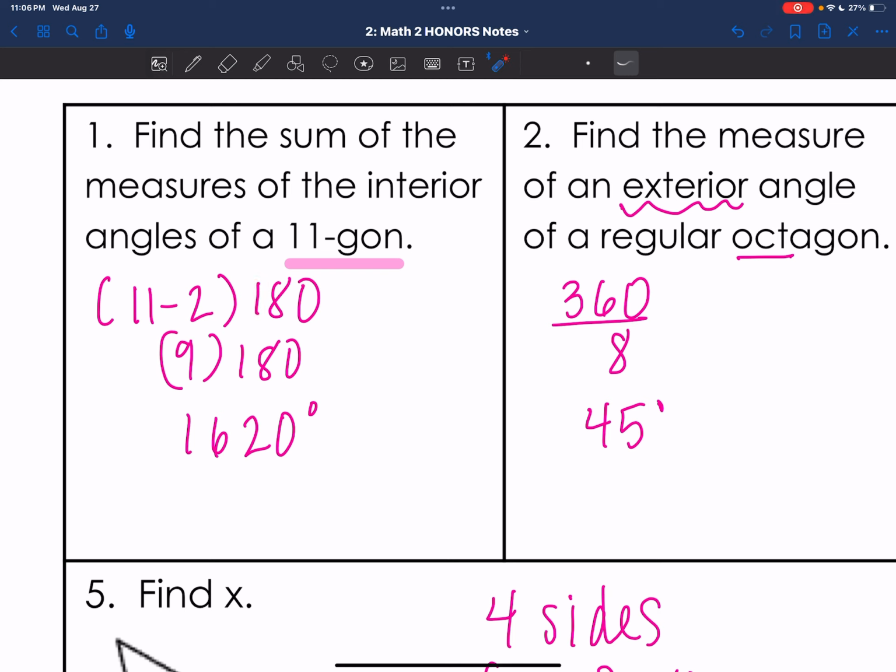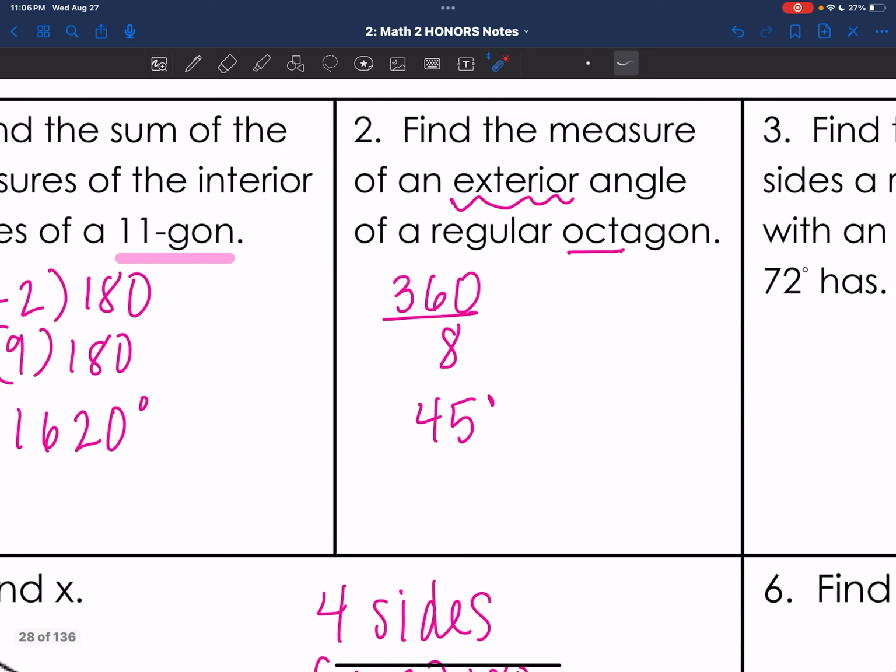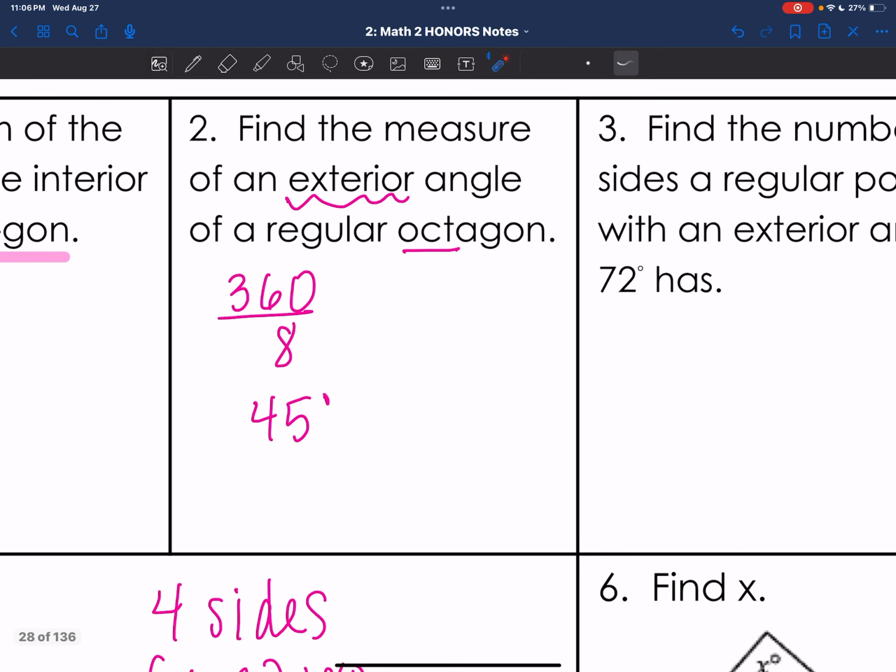And then that gives you 9 times 180, and that's going to be 1,620 degrees. So that's the sum of the interior angles. Now, if we want to find the measure of an exterior angle, remember the exterior angles are always going to be 360, and if it's an octagon, that's 8 sides. So you just go 360 divided by 8, and that's 45 degrees.